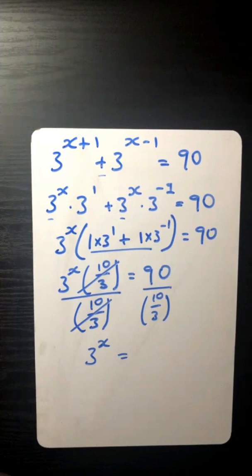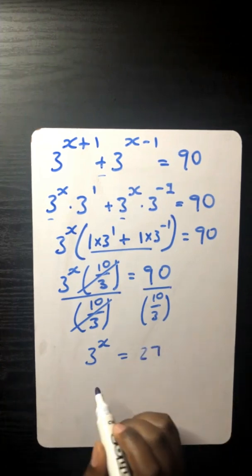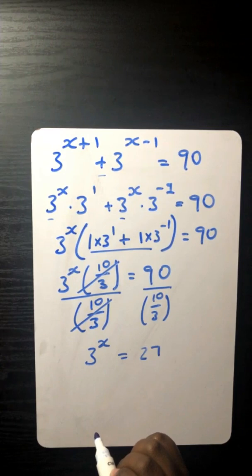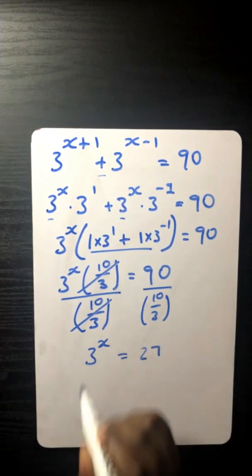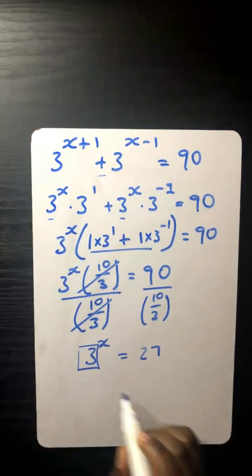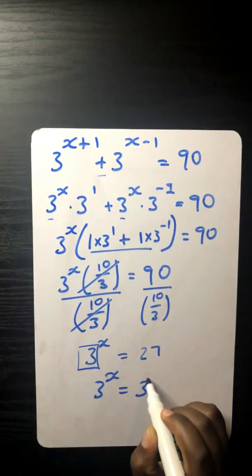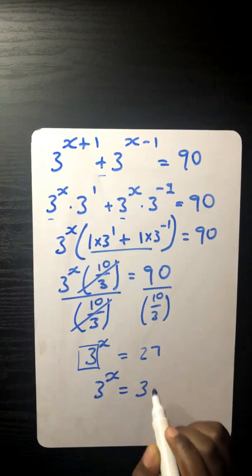It's 27, sir. Are we getting 27? Yes, sir. Okay, so obviously, this serves as a guide that possibly on the right we can have 3 to the exponent something. So what is that 3 to the something?